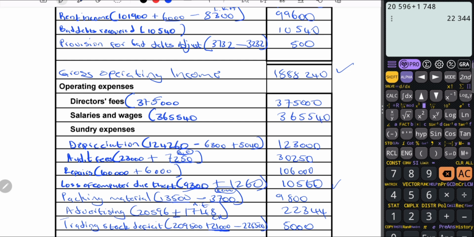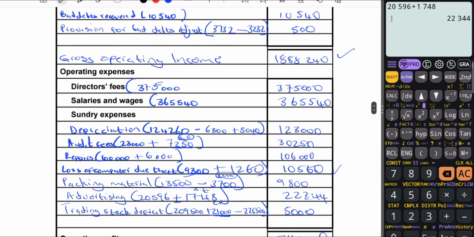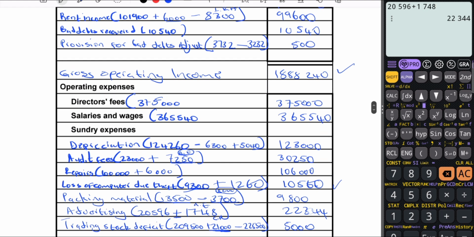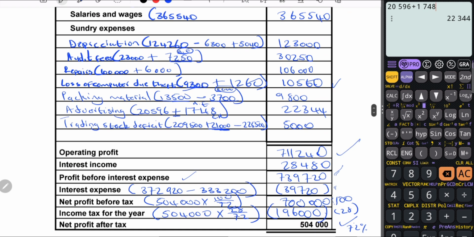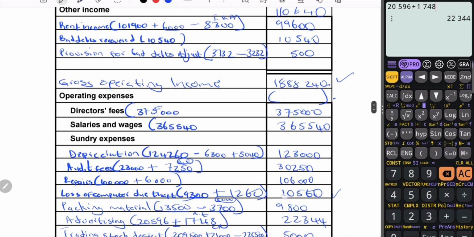Okay, now do I have my other operating expense? No, I don't have, guys. But how do I get operating profit? I got it by taking this one minus this one. Then I'm gonna get the operating profit now. Then you can also do the reversal now.